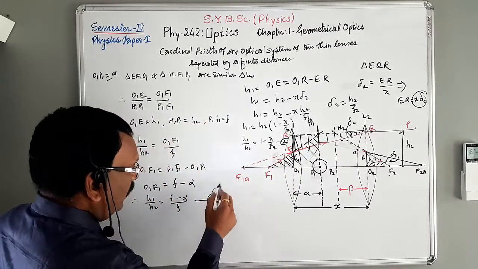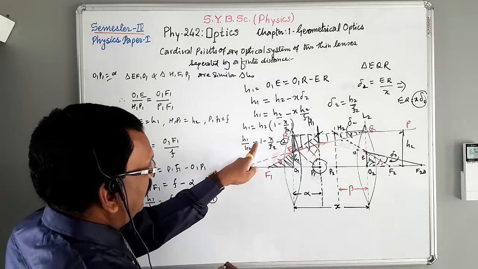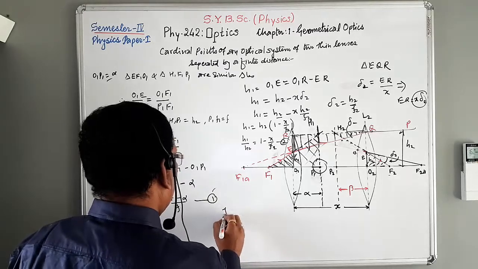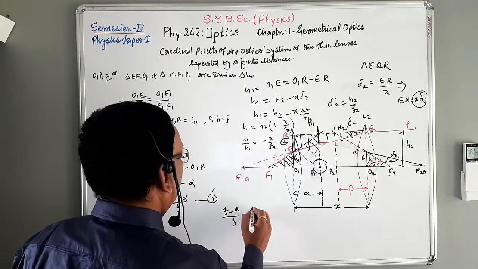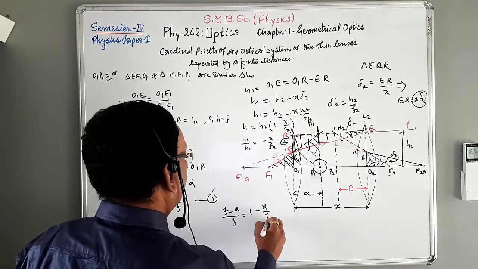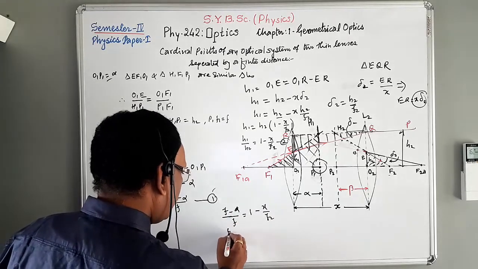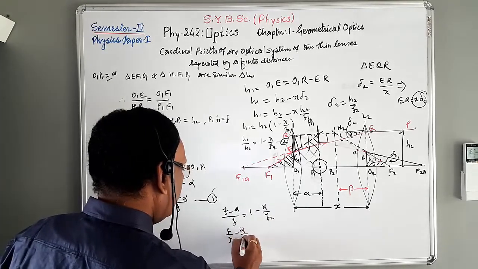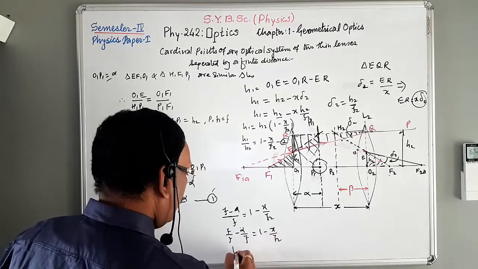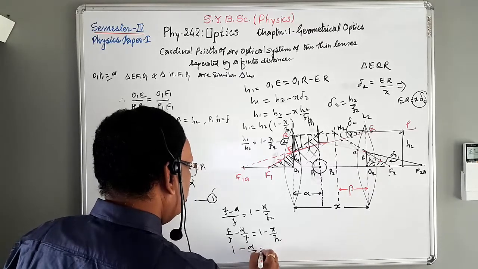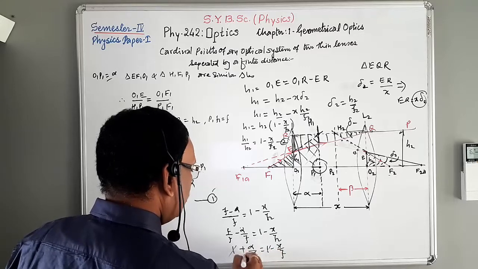Now compare equations 1 and 2. Equation 1 is h1 upon h2 equal to this, and equation 2 is h1 upon h2 equal to this. Therefore, (f minus alpha) upon f is equal to 1 minus x upon f2. Again f upon f is 1, so 1 minus alpha upon f is equal to 1 minus x upon f2. The 1 gets cancelled with this, and minus becomes plus.